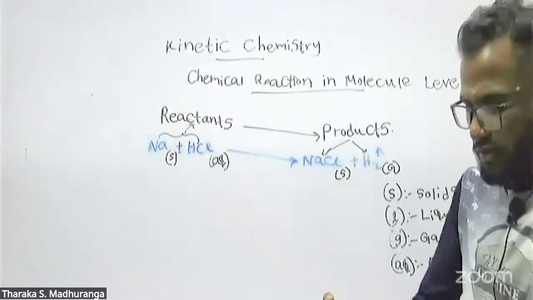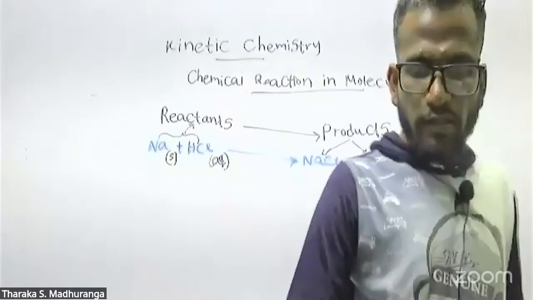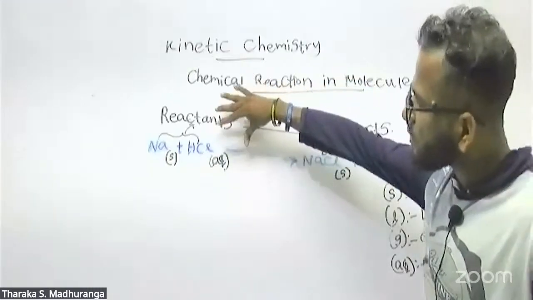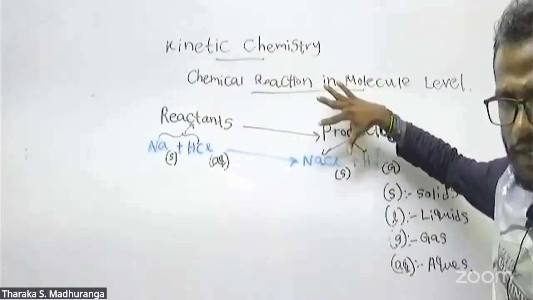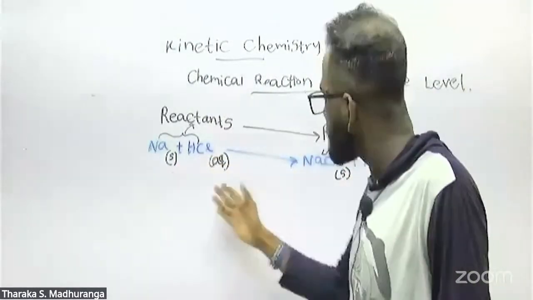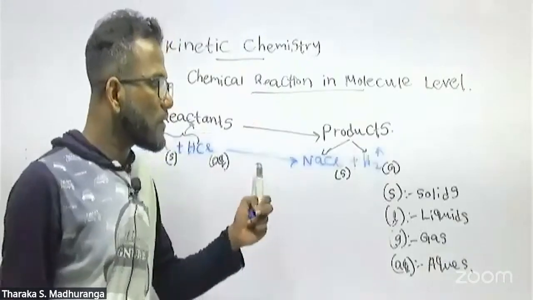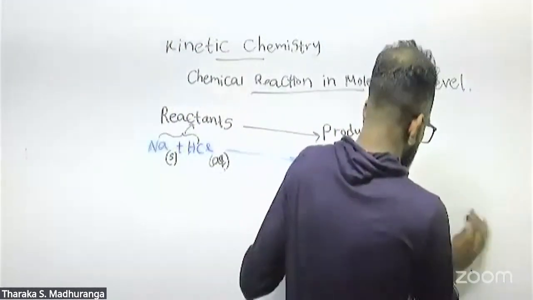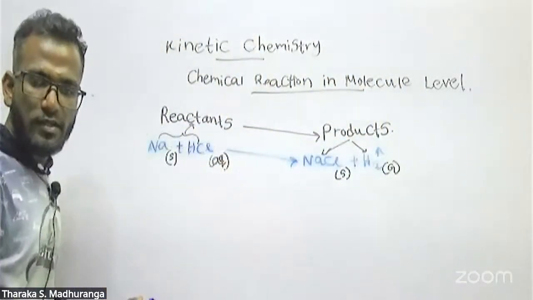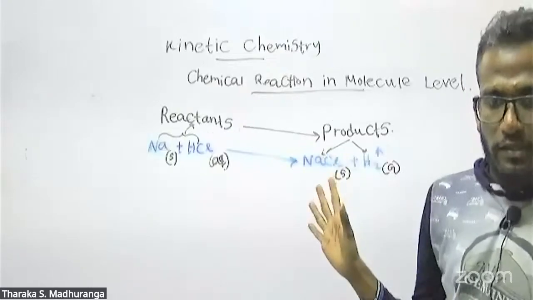There is no equal characteristic. Sodium chloride is another form. There is no gas in the reactants, but a gas is produced. Now we are going to discuss at the molecular level how the characteristics change.